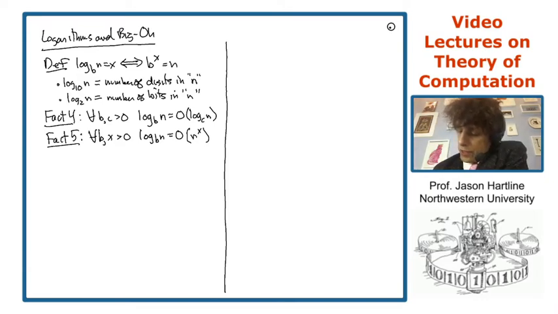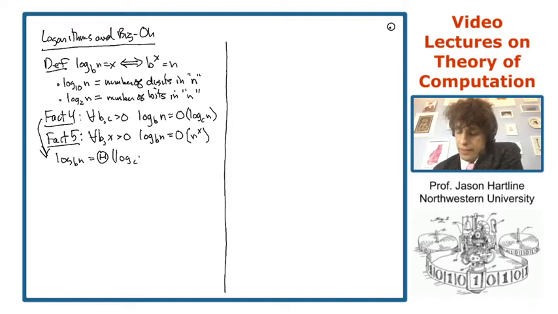And if you recall our last discussion about exact bounds, we can derive from fact 4 that log base b of n is big theta of log base c of n. These are asymptotically equivalent.